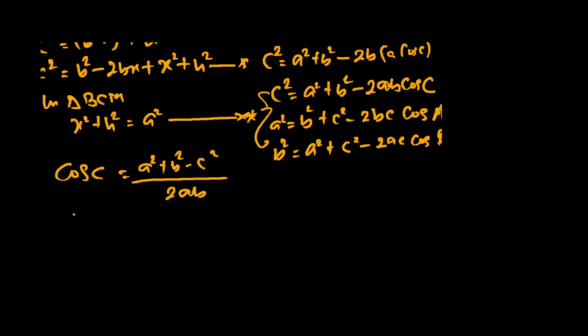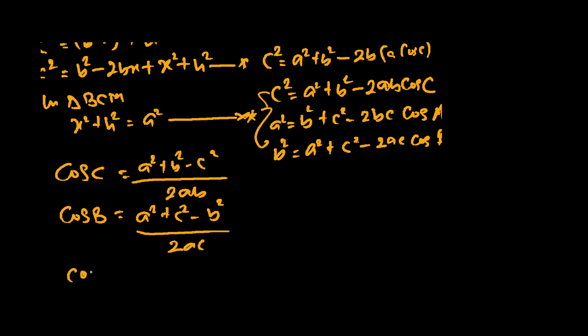Or I can as well say that cos of b equals a square plus c square minus b square divided by 2ac.